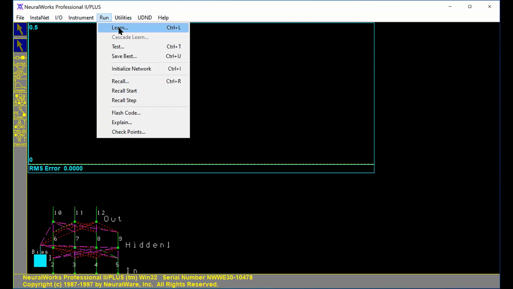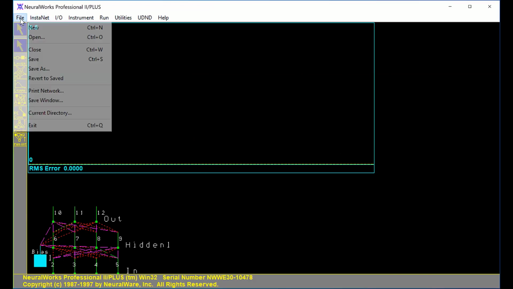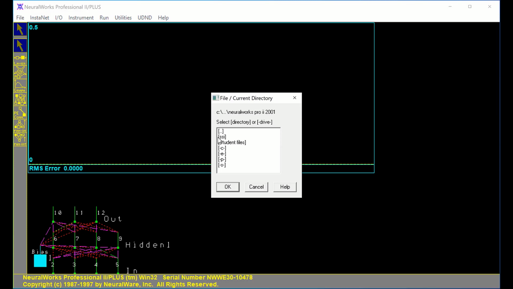I'm going to run this. Now, before I do that, I want to check the current directory and make sure I'm going to be able to find what we generate here. So we're on the C drive on the desktop.